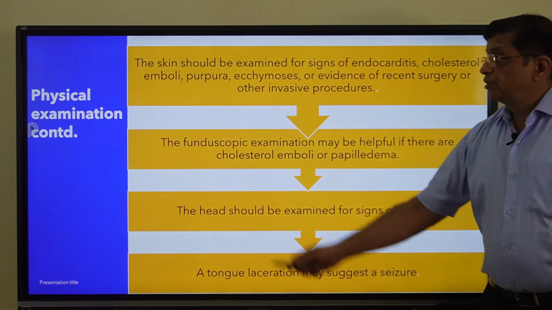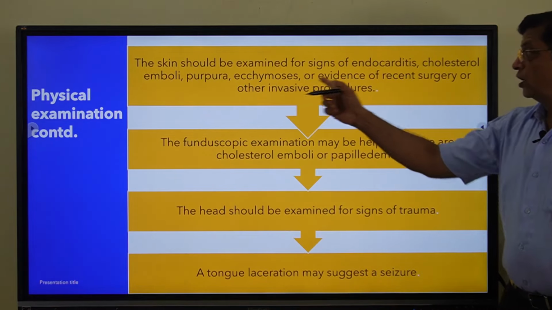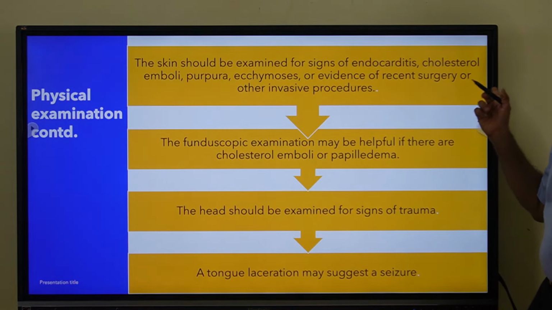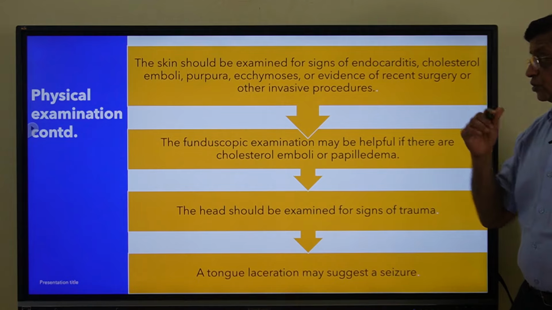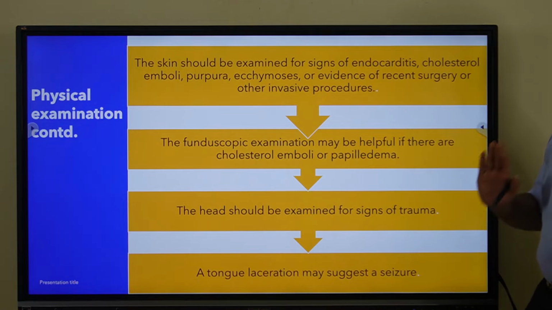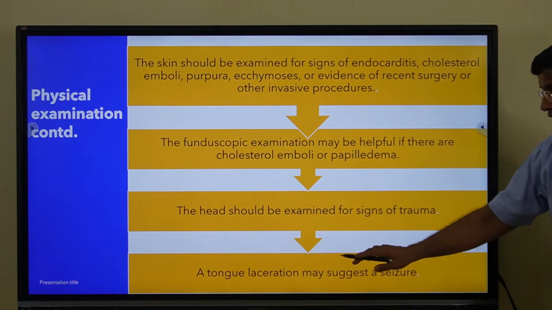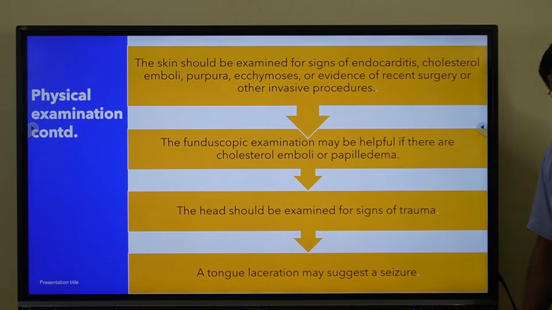Also, in physical examination, skin should be examined for signs of endocarditis, purpura, ecchymosis, evidence of recent surgery or some invasive procedure. Fundoscopic examination to look for papilledema or cholesterol emboli. Head should be examined for trauma, and a tongue laceration may suggest a seizure.